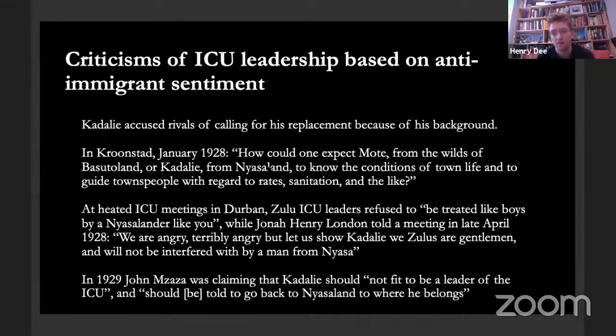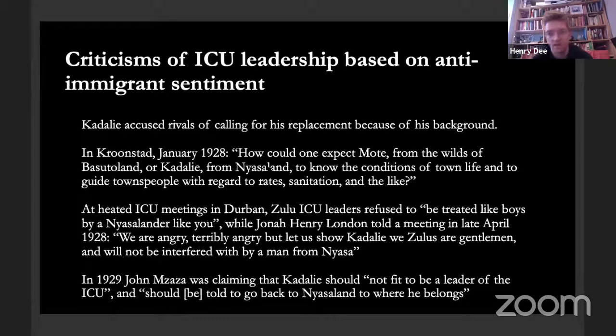Nevertheless, anti-immigrant politics can then be attributed, at least in part, to the collapse of the ICU. The ICU fails for a number of reasons. It has a lot of financial problems, faces a lot of challenges, but anti-immigrant politics is definitely part of the mix. And Kadali himself asserts that his rivals accused him of being a Malawian and therefore not fit to lead the South African working class.